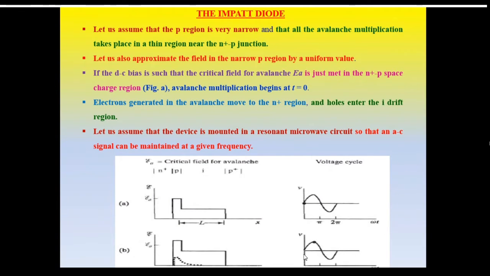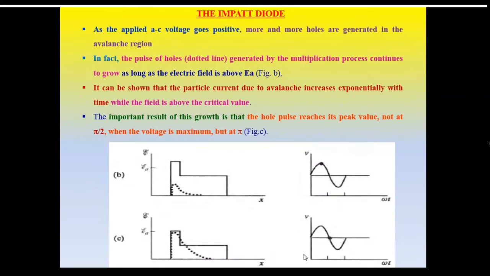So we have some delay in the generation of holes at the n plus p region, then some delay in the I region. Here, holes or electrons, according to the structure, whichever carriers there are, will move towards the terminal point.